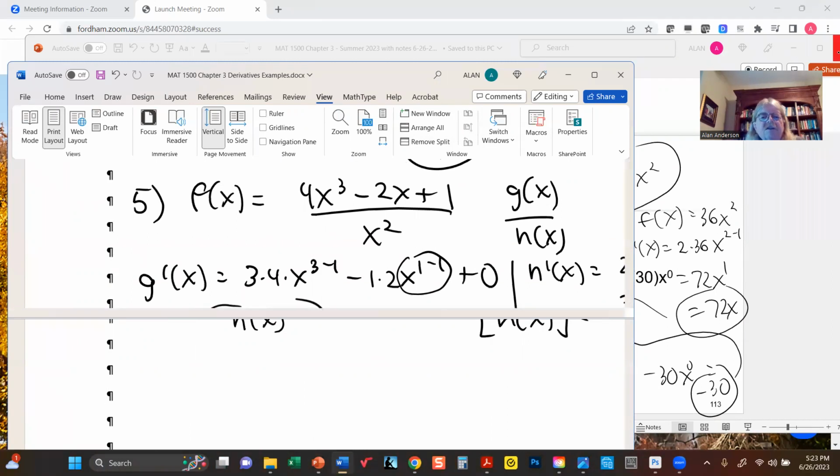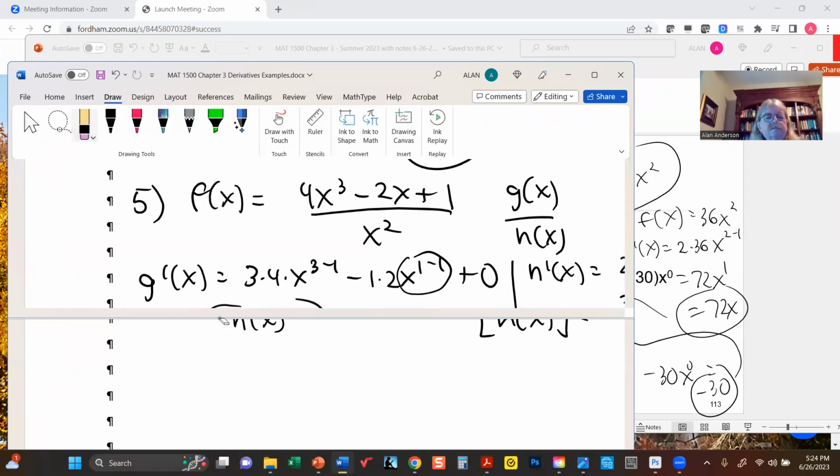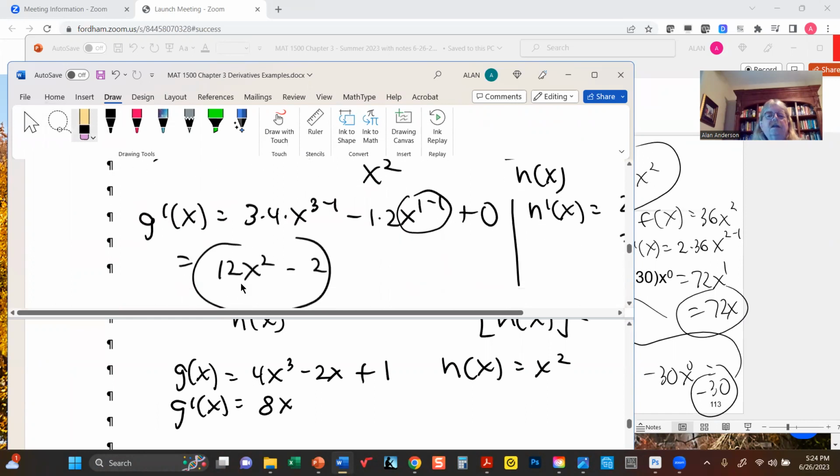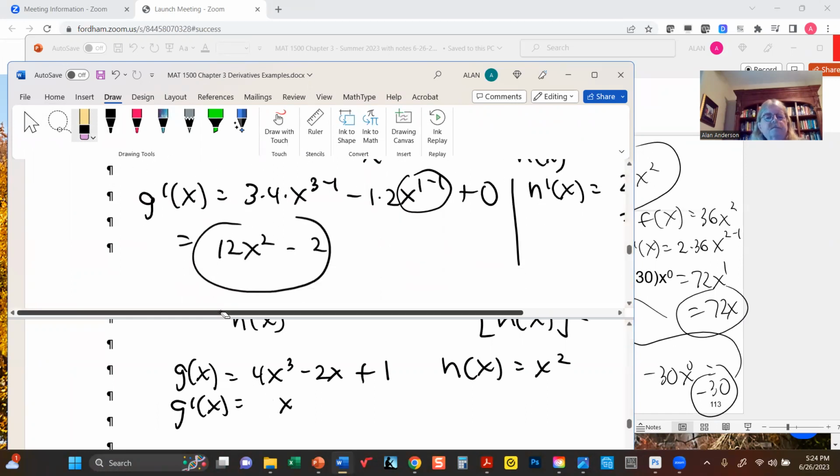So in other words, I can see now that g of x is 4x cubed minus 2x plus 1, h of x is x squared, g prime of x is 12x squared minus 2, and over here, h prime of x is 2x.